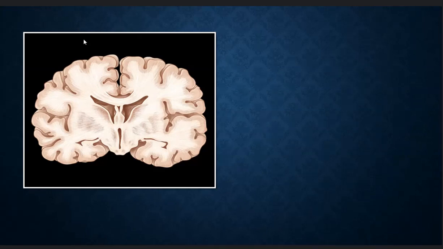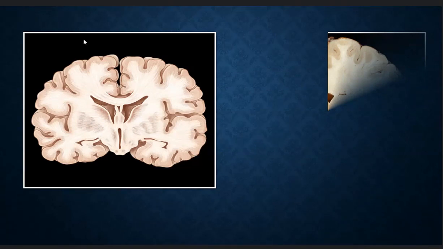This is the normal differentiation, but in holoprosencephaly, there is failure of differentiation of the two cerebral hemispheres, and it may appear in more severe cases. This is the most severe case of holoprosencephaly, like one hemisphere.